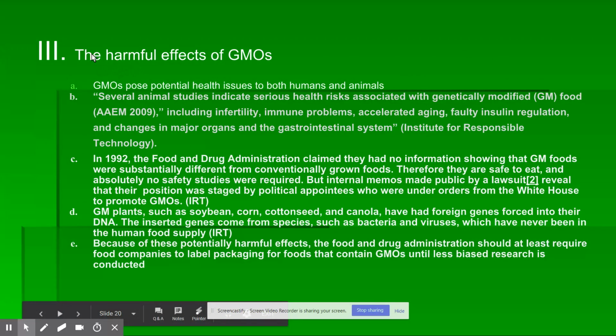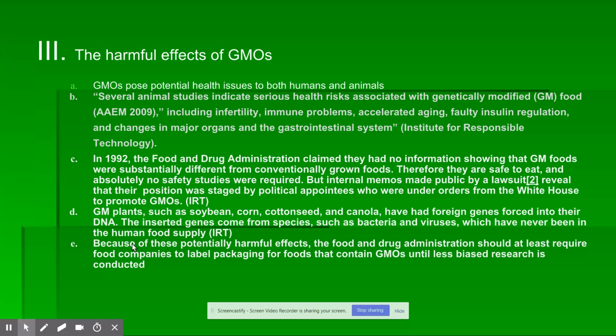So for my Roman numeral 3, I'm talking about the harmful effects of GMOs. So letter A is my own writing, and I say GMOs pose potential health issues to both humans and animals. For my letters B, C, and D, I just copied and pasted research about these health issues that I found in my research articles, and I put them in for the B, C, and D, and then put a parenthetical citation after each one so I know that it's a quote.